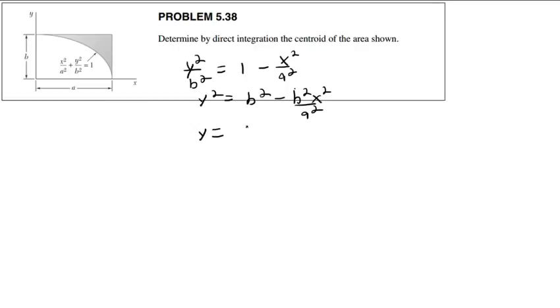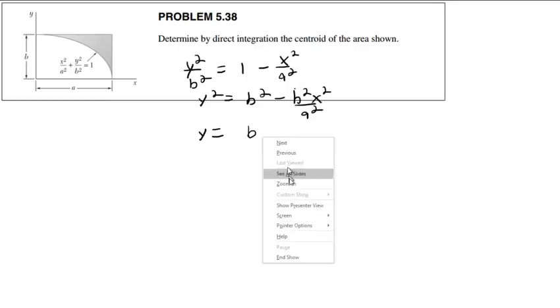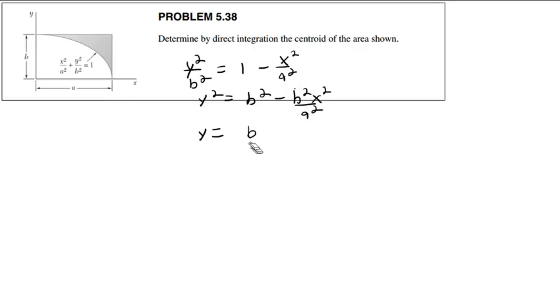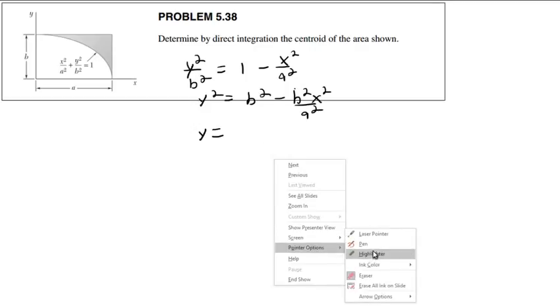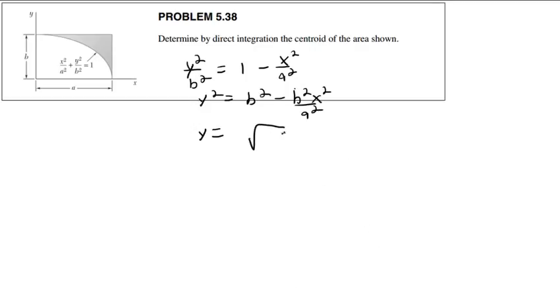Let me just write it like this so you can see what I'm talking about. The square root of b squared minus b squared x squared over a squared, right?